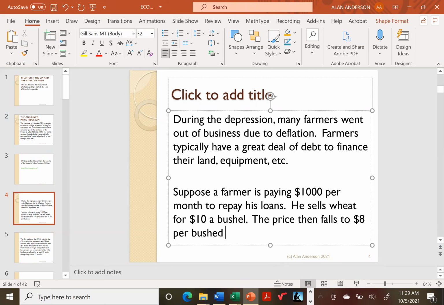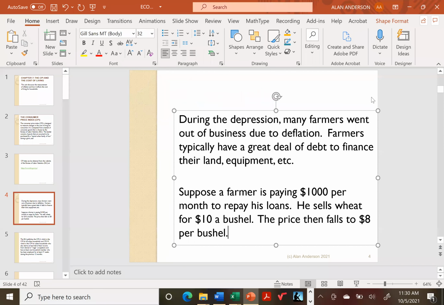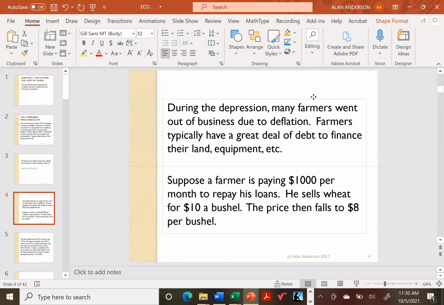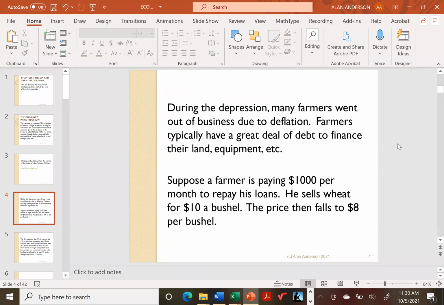So why is this a problem for the farmer? Probably because when he's selling it, he was initially selling it for $10. Now the price falling down to 8, he won't be able to make as much as he initially thought, I believe. Well, here's the thing.